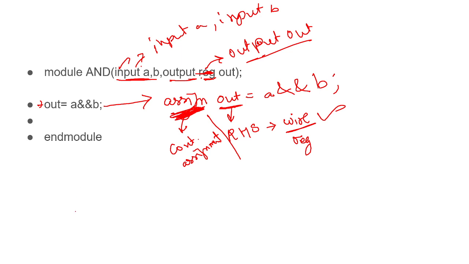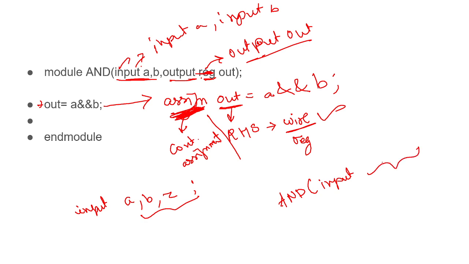You can define input A, B, C, all the input port list. So in the port list after the module name you can define it. The variables following will be considered as inputs. So you can have A comma B comma C also. This is actually a syntactically correct statement.